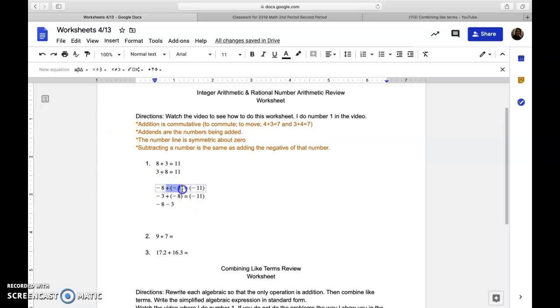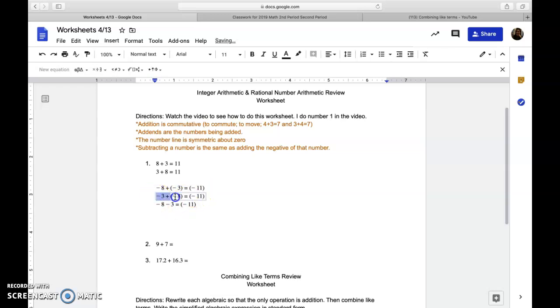So adding the negative of a number is the same as subtracting the number. Right? Minus 3 is the same as plus negative 3. Subtracting a number is the same as adding the negative of that number. So this is going to be the same as this one. Both are going to equal negative 11.